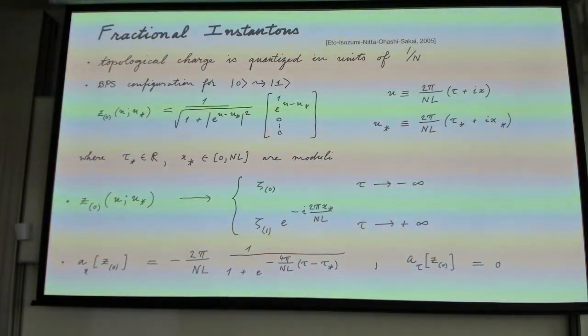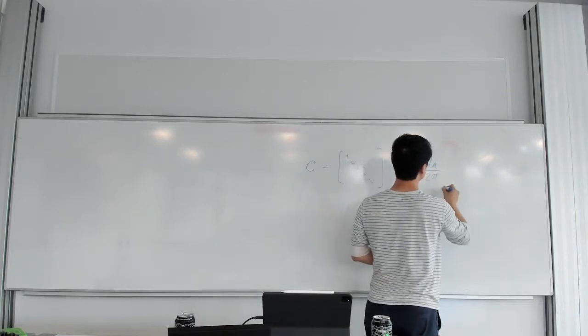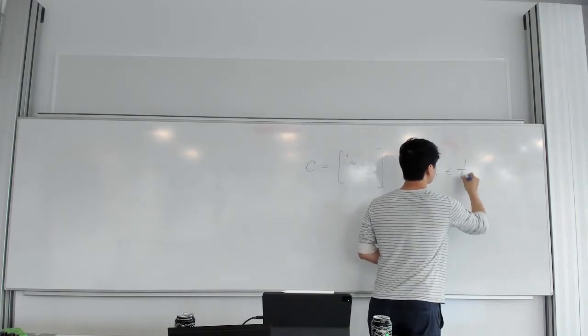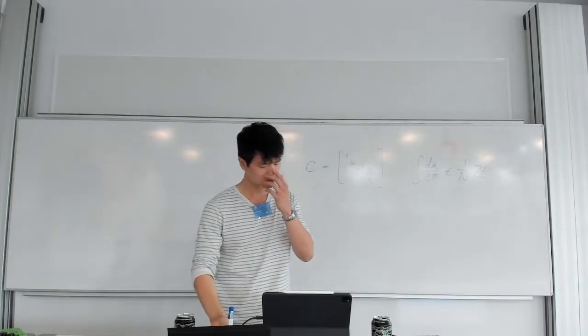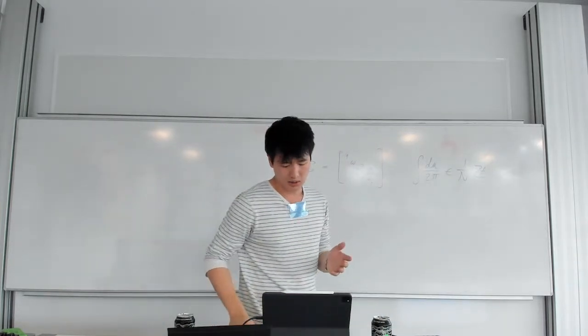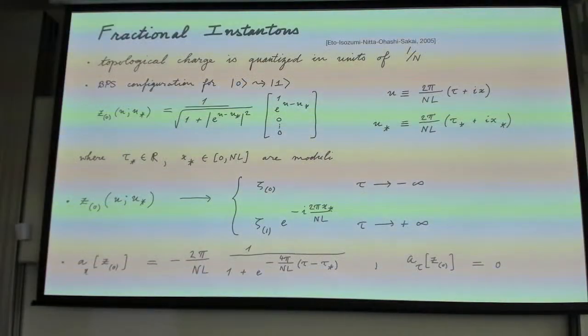This setup also implies the fractionalization of the topological charge. What I mean by that is that this, which is usually an integer, is 1 over n times an integer. And we can find BPS solutions which achieve the tunneling between the n classical ground states.